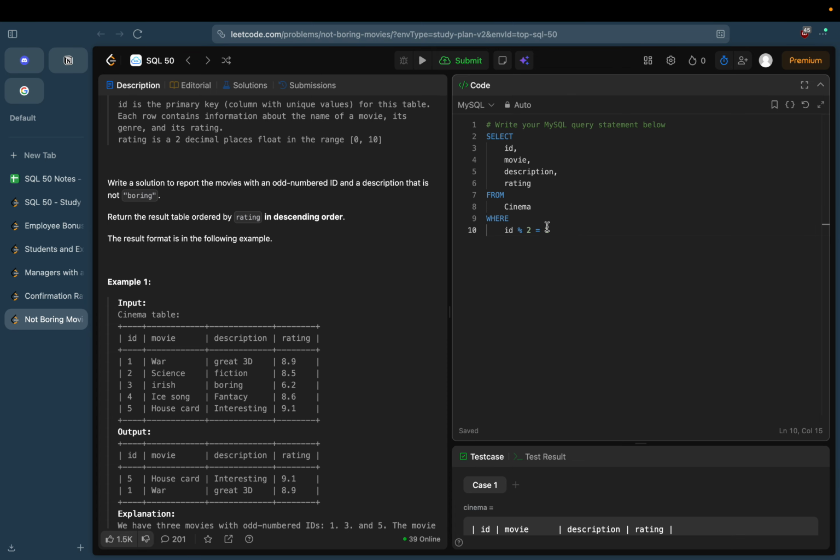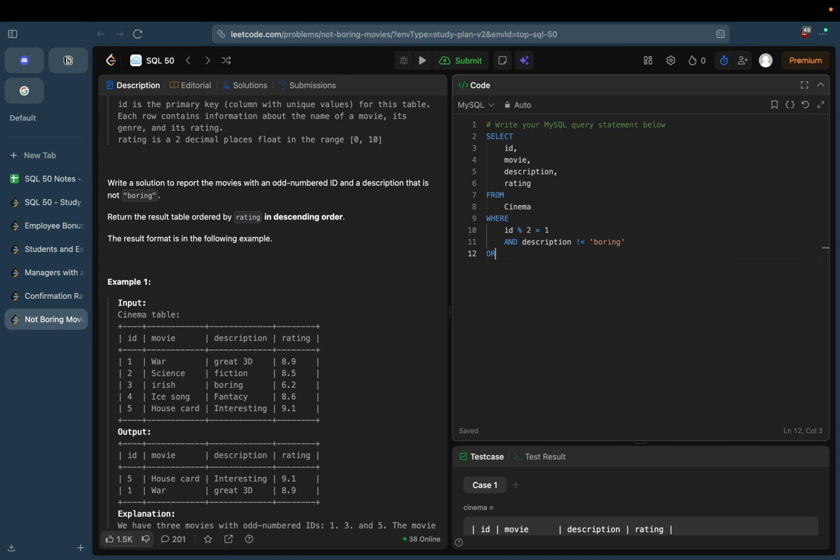This means the ID is an odd number. And let's move to our other condition, which is and description is not equal to boring. That's the second condition.